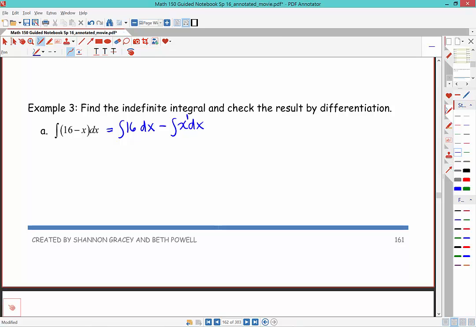Remember, this is like your x to the 1. So this one, a constant, the antiderivative of a constant is just going to be the constant times whatever variable you're differentiating with respect to.